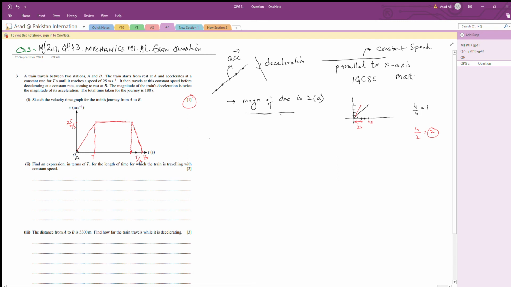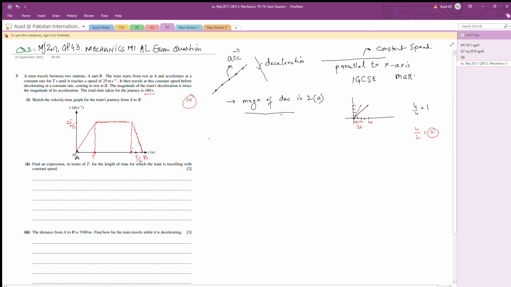Now find an expression in terms of t for the length of time for which the train is traveling with constant speed. Here's one thing given to us. They say the total time taken for the journey is 180 seconds. Now from 0 seconds to this point, t seconds are there.